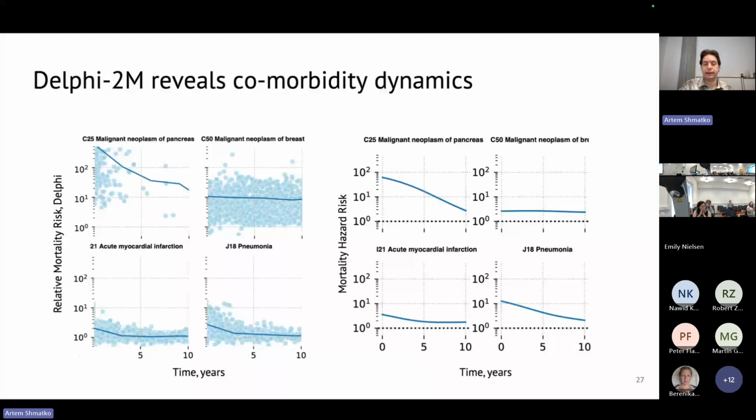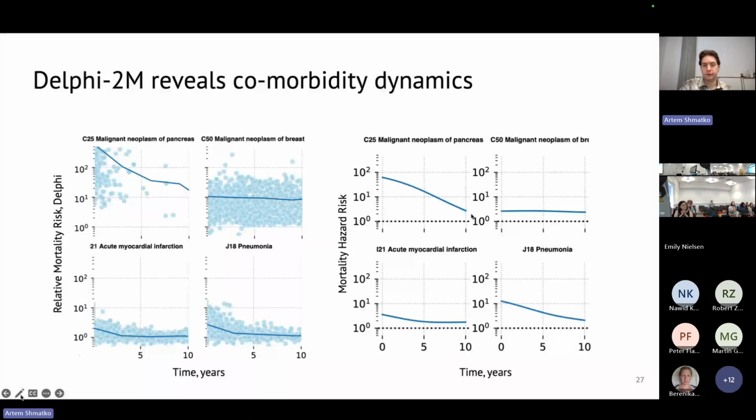And on the right, we have the same for the Cox proportional hazard model, a standard way of quantifying these things. And as you can see, the general trends are the same. So for example, for pancreatic cancer, there is a rather sharp drop over time in the mortality risk.